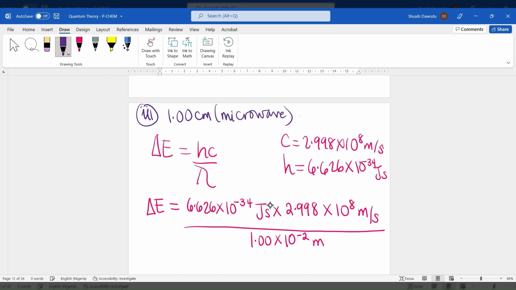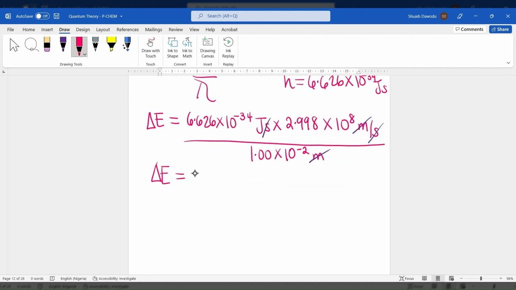So you cancel out the seconds, cancel out the meters. So the energy of a photon will be 6.626 times 10 raised to the power of negative 34 joules times 2.998 times 10 raised to the power of 8 divided by 1.00 times 10 raised to the power of negative 2.